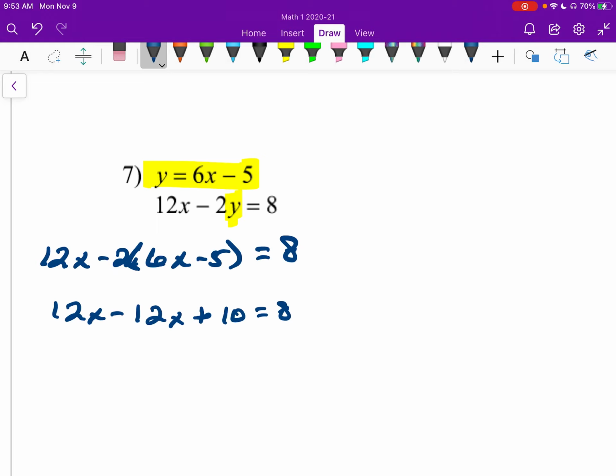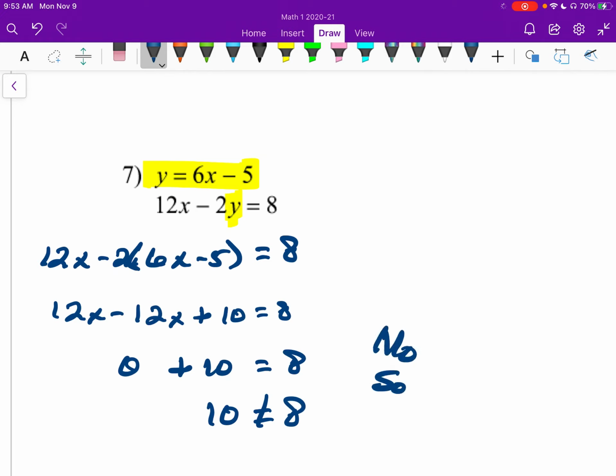No, this can't be right. Did I make a mistake somewhere? Nope, I didn't. So I have 0 plus 10 equals 8. Well, 10 does not equal 8. So this is just like that last one. This is going to be a no solution.